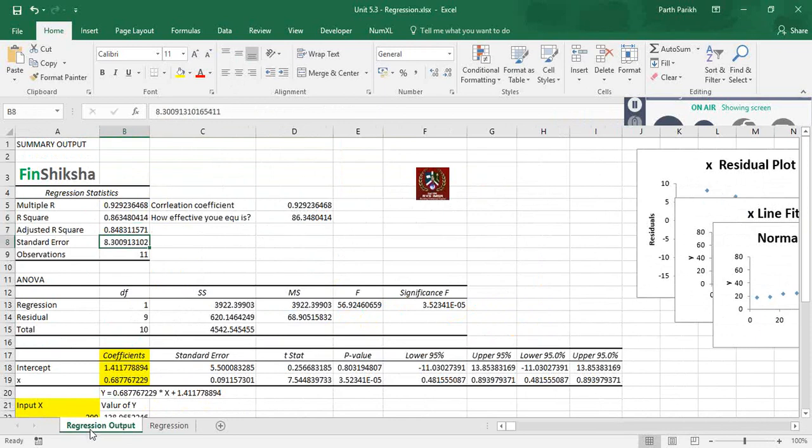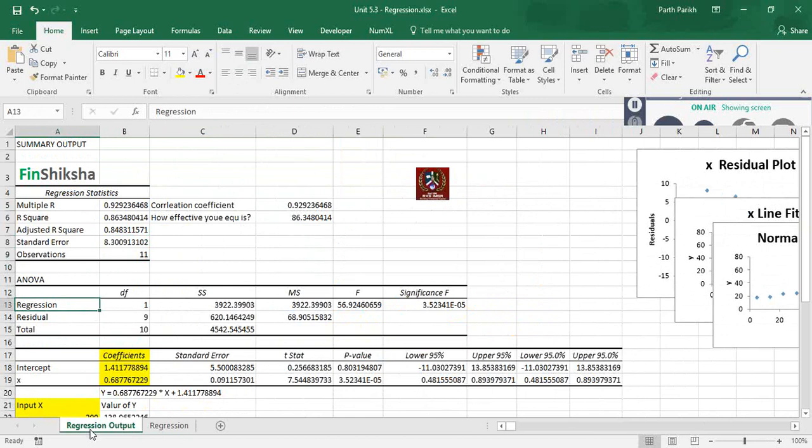Standard error is basically the standard deviation upon the square root of the total number of observations. It basically means what is the error in the standard deviation. It's not relevant at this point. Then we have the observations, which is the number of cells, which is 11. Now we have something called ANOVA, which is analysis of variance.